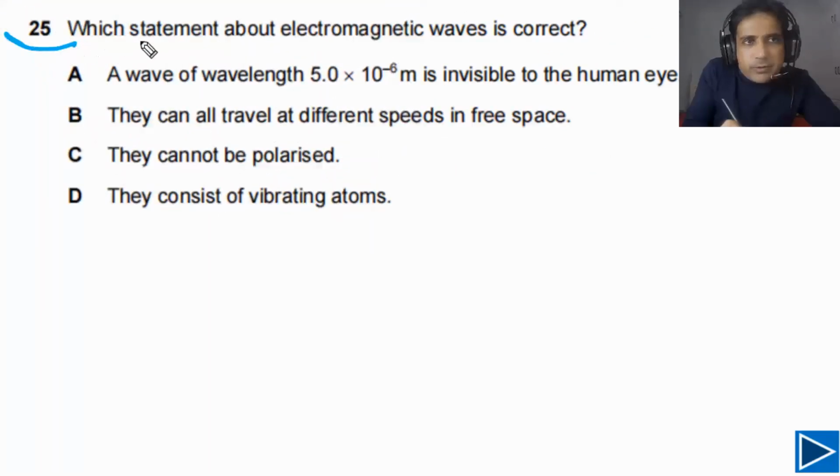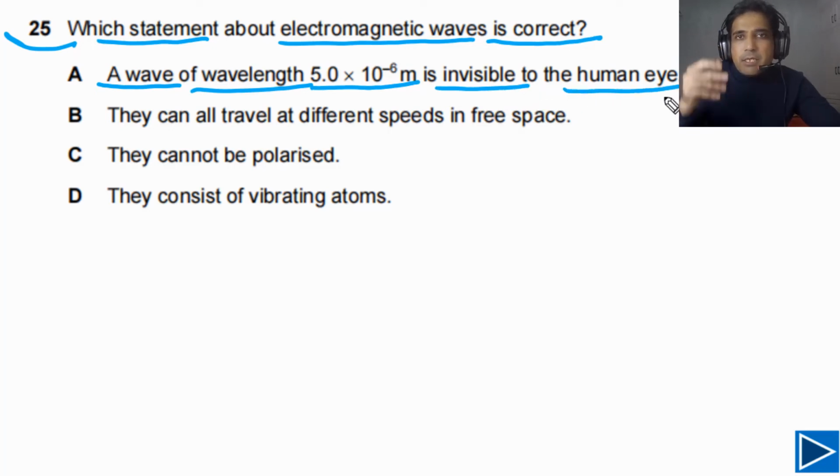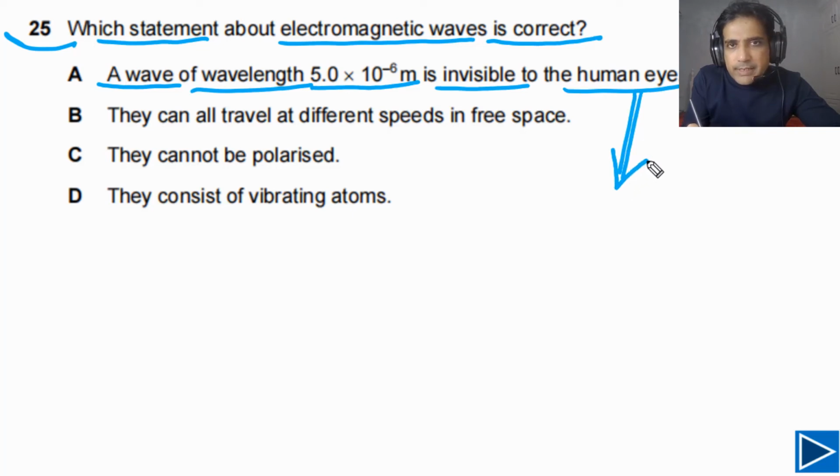For question number 25, we need to find out which statement about electromagnetic waves is correct. For option A, it is given that a wave of wavelength 5.0 times 10 to the minus 6 meters is invisible to human eyes. In order to decide whether we can see this wavelength or not, we need to understand the visible part of the electromagnetic spectrum.